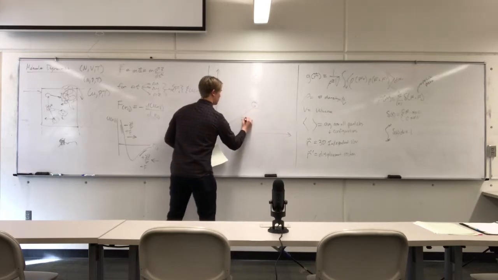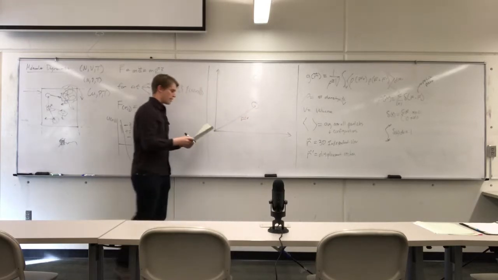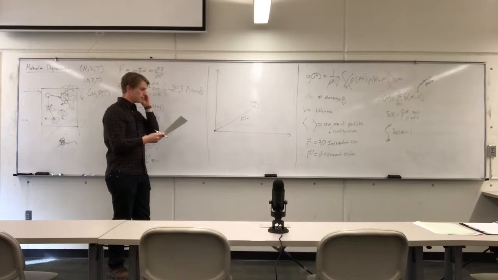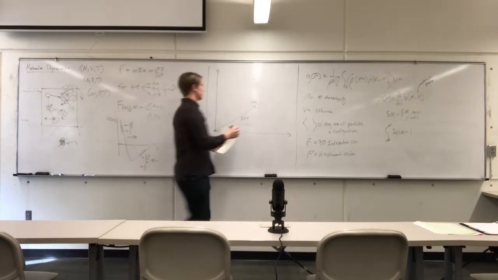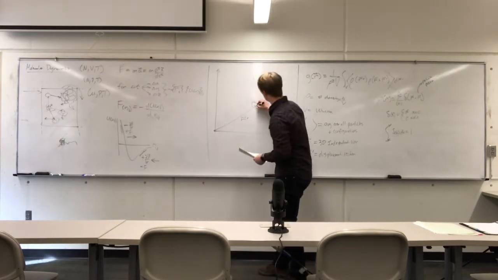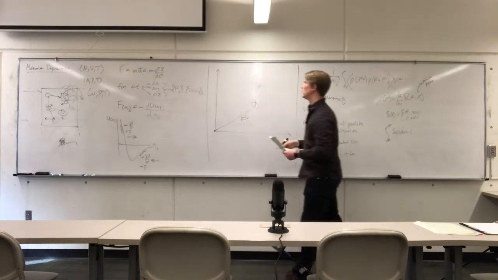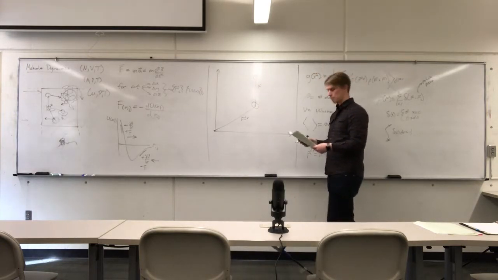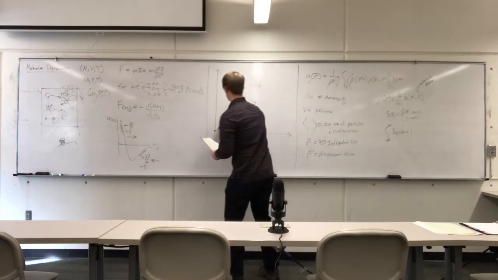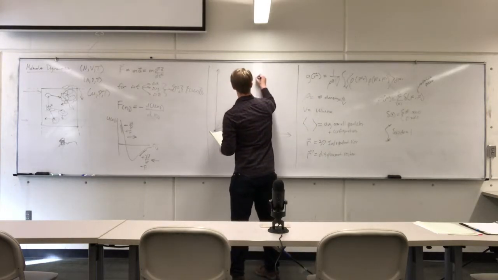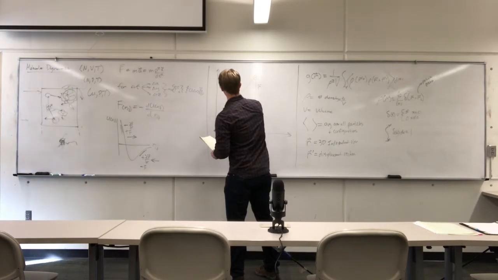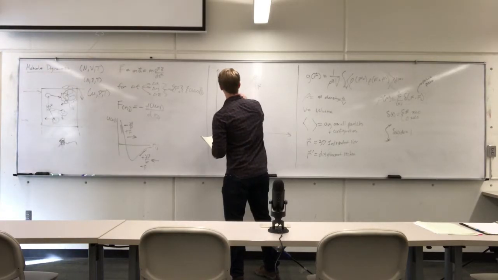We can call this one r prime. Call this vector r. So then this vector here is r plus r prime.